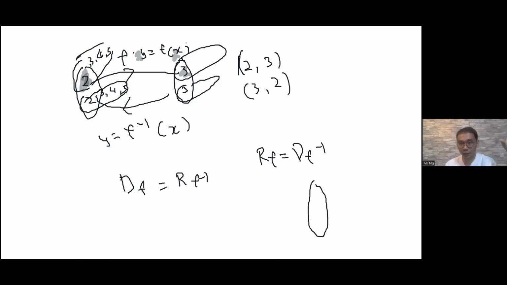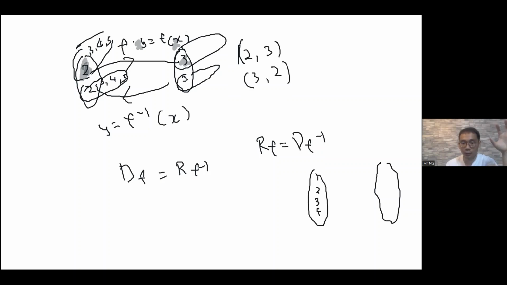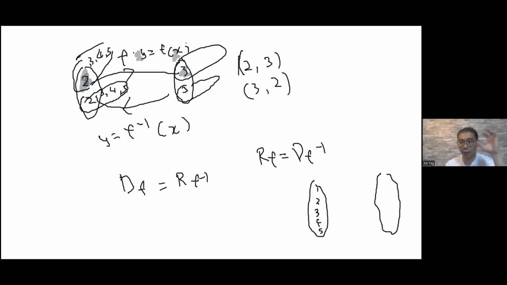Going back to the definition of a function, every element can only be matched to one image. So for example, this one becomes one. I cannot split this one into two results. That is not a function. Understand? That is not a function.